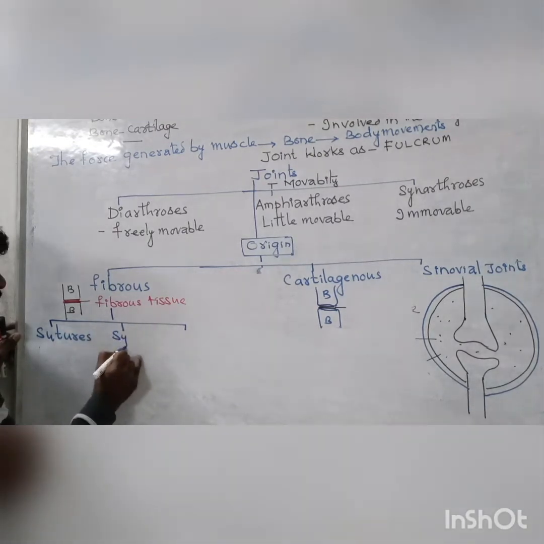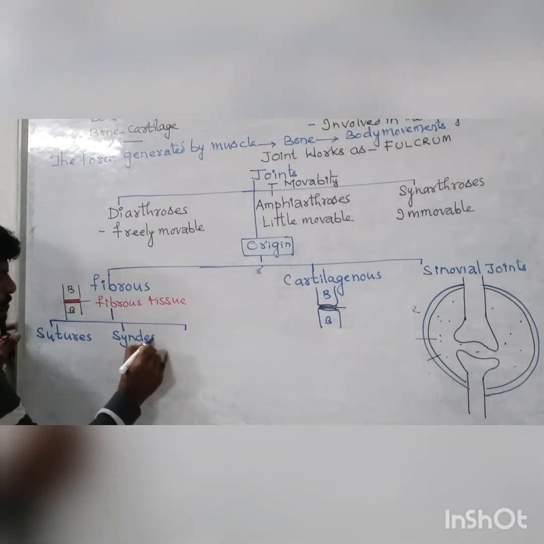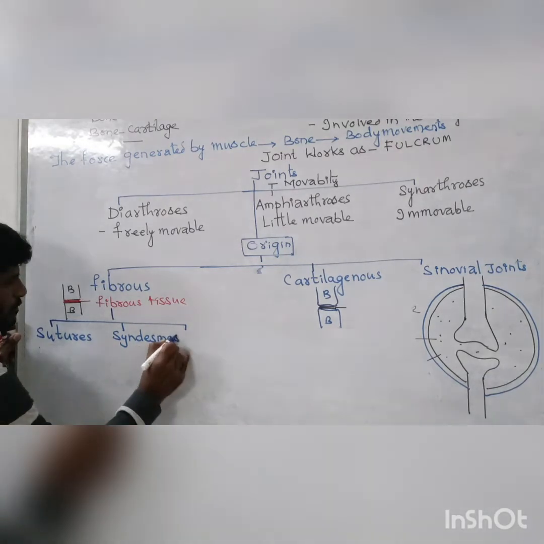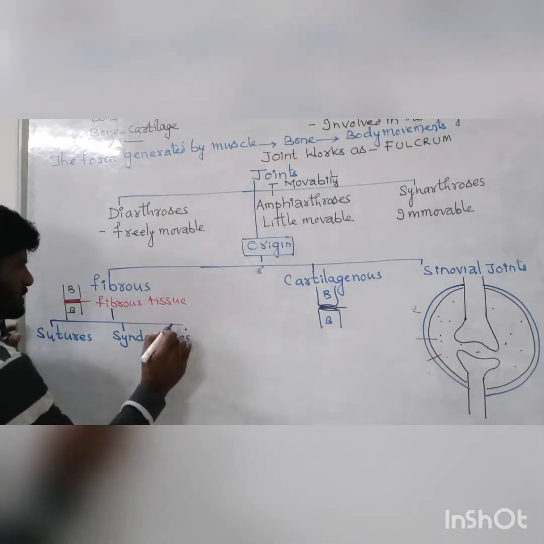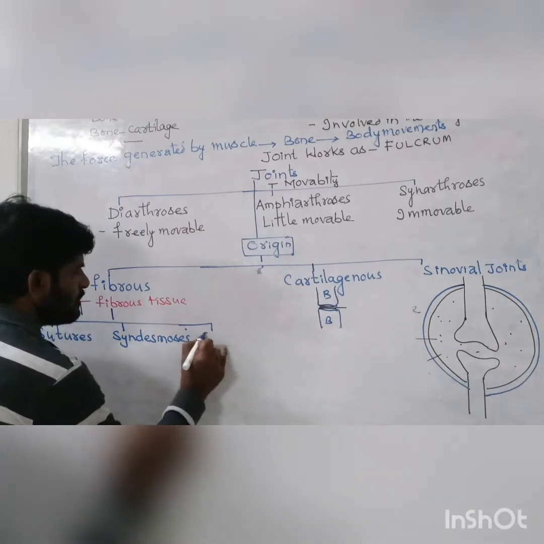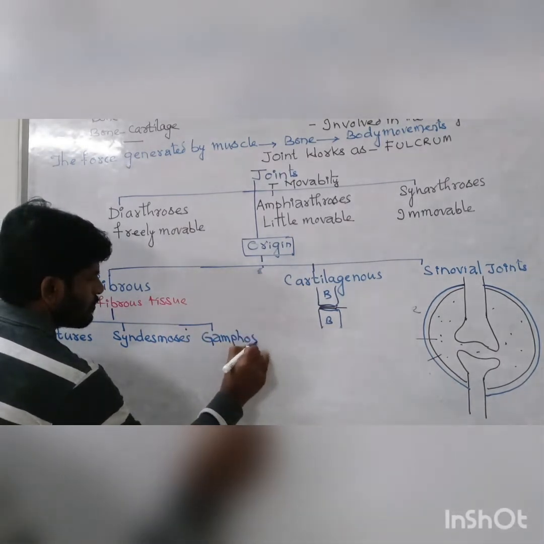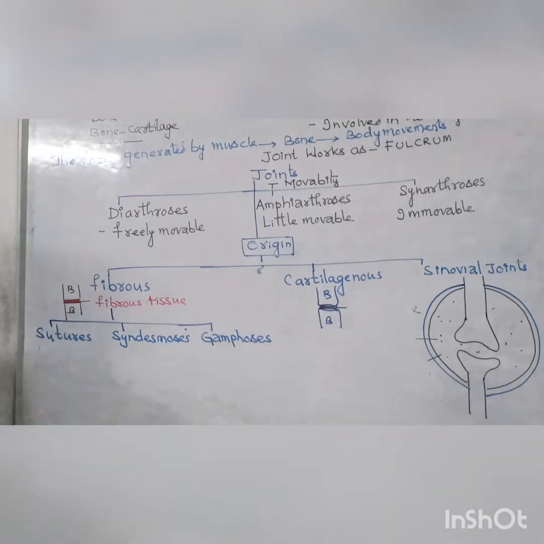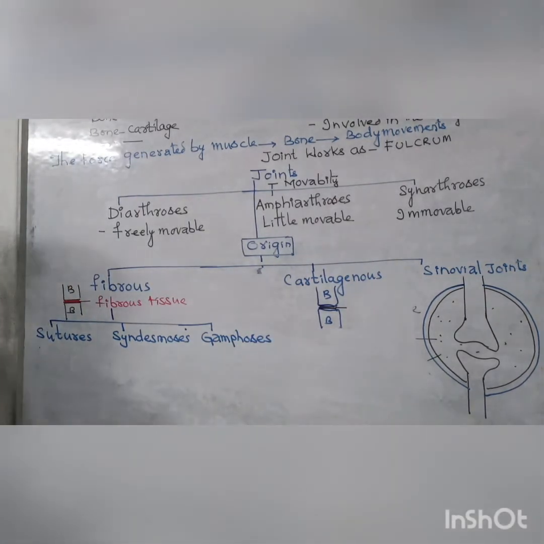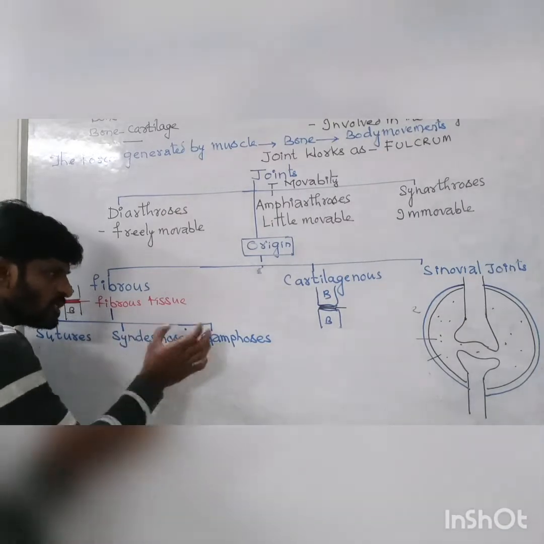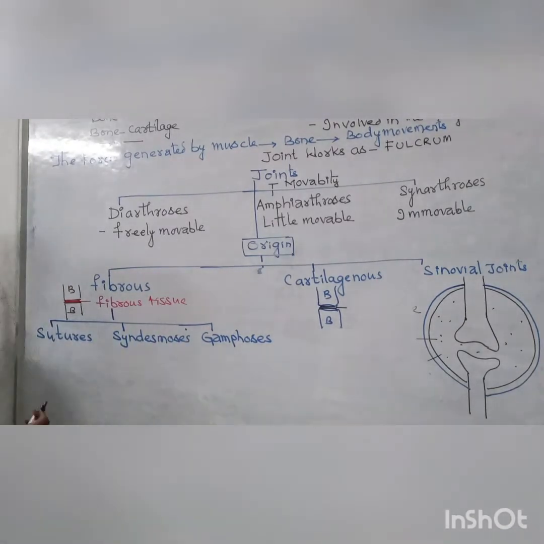Second one, syndesmos. And third one, the gomphoses. These are the three types of fibrous joints: sutures, syndesmos and gomphoses. What is a suture?